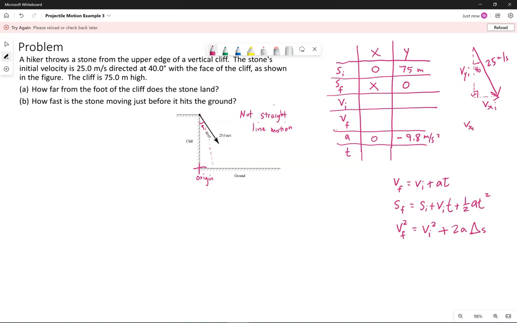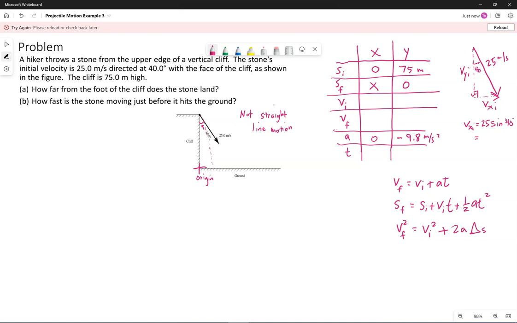This x component, it is opposite the 40 degrees. And so the x component is going to be found using sine. The sine of 40 is the x component over the hypotenuse. So the x component will be 25 sine of 40 degrees.